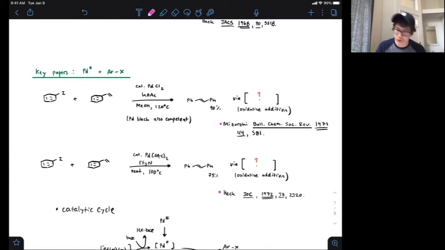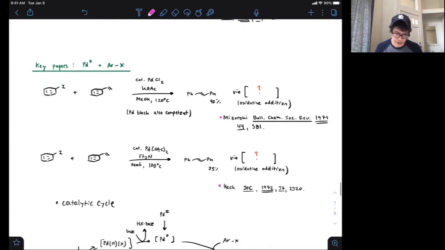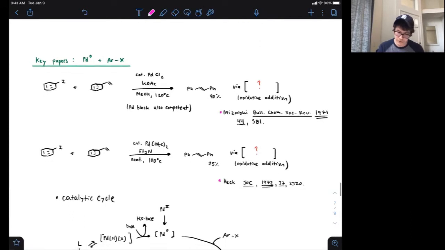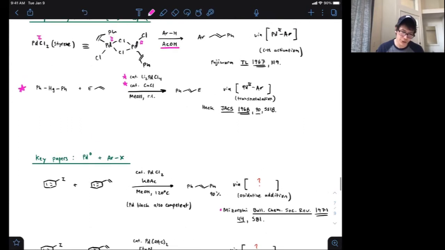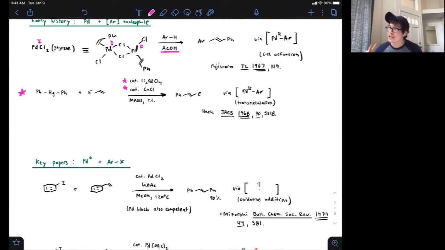So these two papers were in the literature, and then in short succession in the early 70s, reports from Mizoroki and Heck defined or established the viability of this alternative redox couple. So here you'll appreciate that we're going with palladium-2 and some nucleophilic organic moiety, whether that's an arene CH bond or an organometallic.